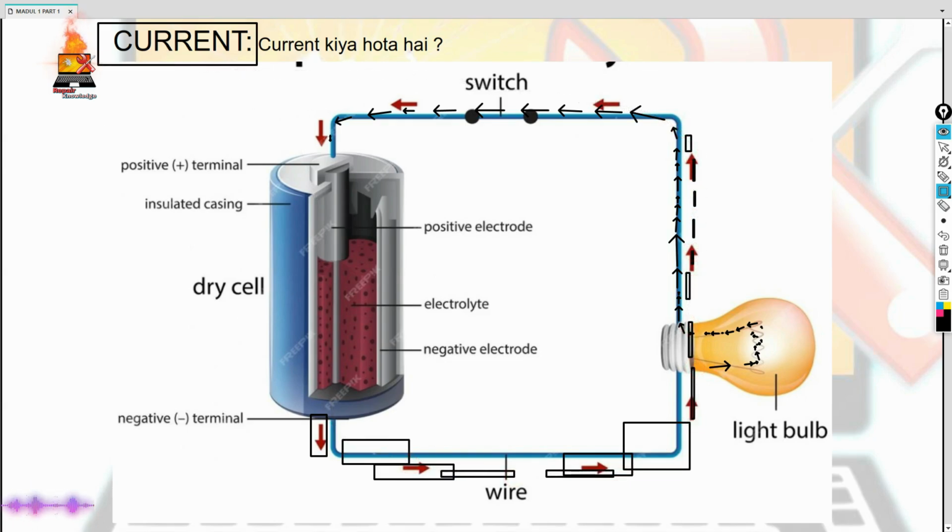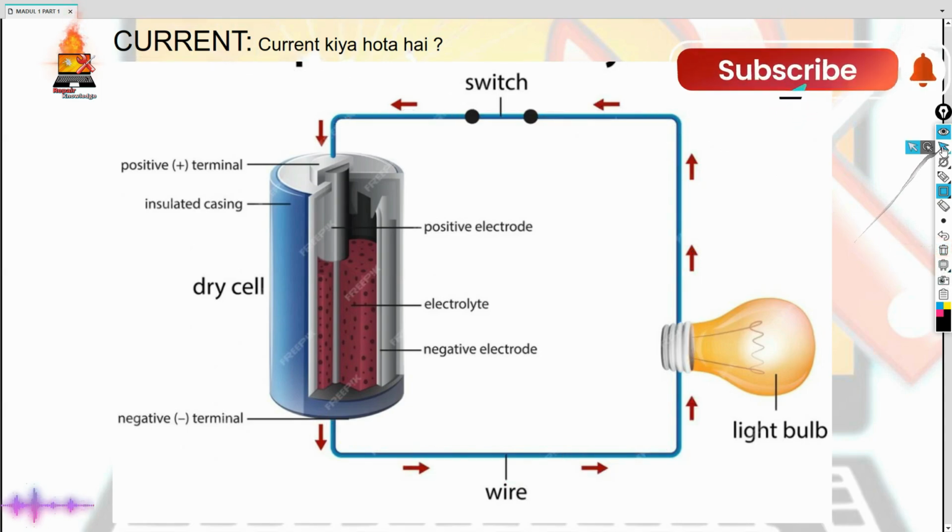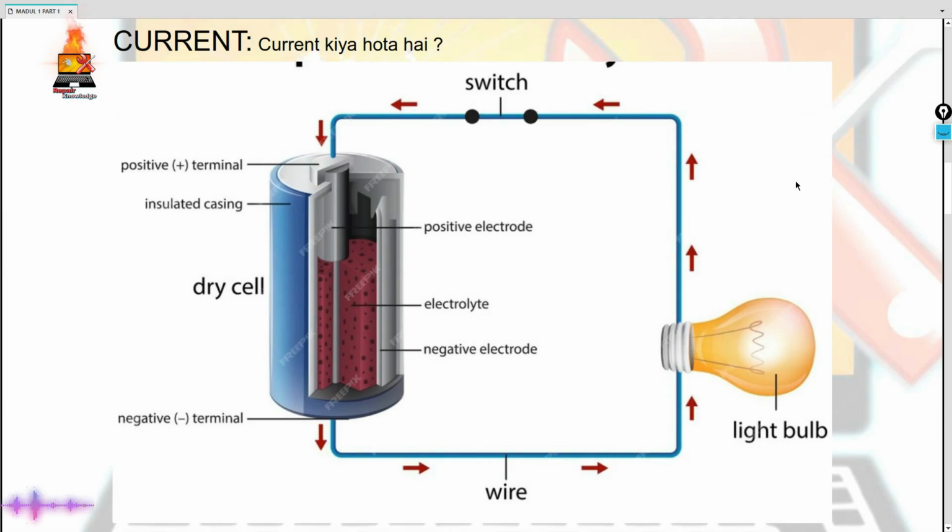If anyone asks you in an interview, what is current, you can tell immediately: the flow of electrons is called current. The electrons flowing from one direction to another is called current.